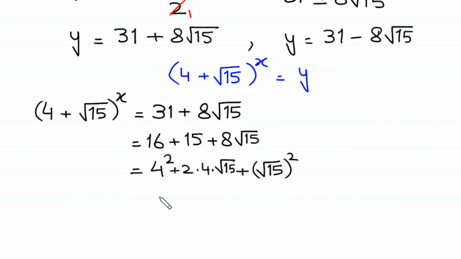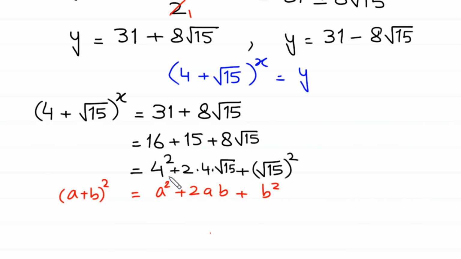Now there is an algebraic identity that a square plus 2ab plus b square is equal to a plus b whole square.